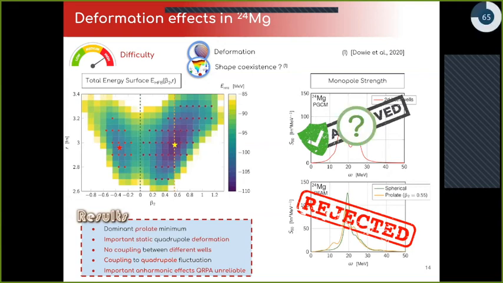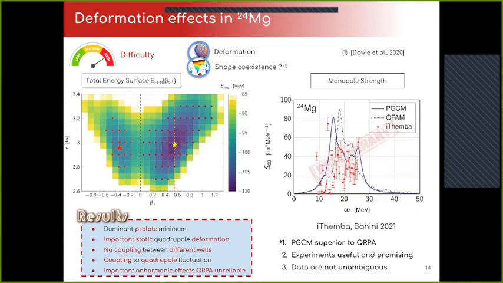Still, in order to be sure, we want to compare our results to some recent experimental data. These data for the giant monopole resonance have been obtained very recently, and have been published in the last few months by the iThemba collaboration from South Africa, and they match quite better with P-GCM with respect to QRPA, so that our conclusions are maybe correct.